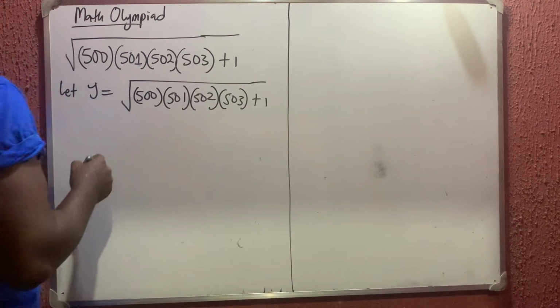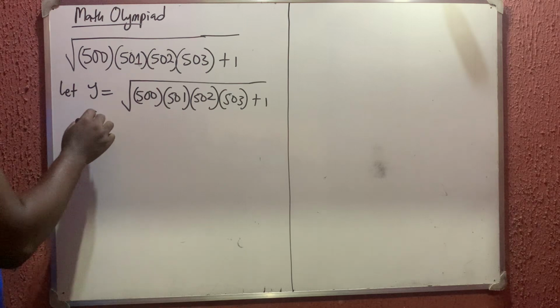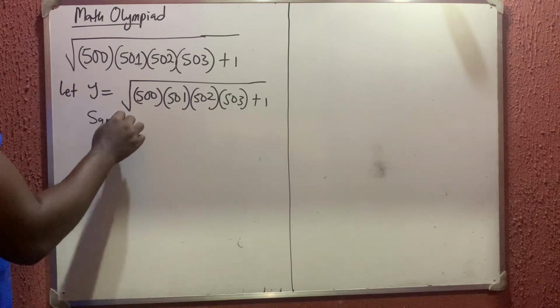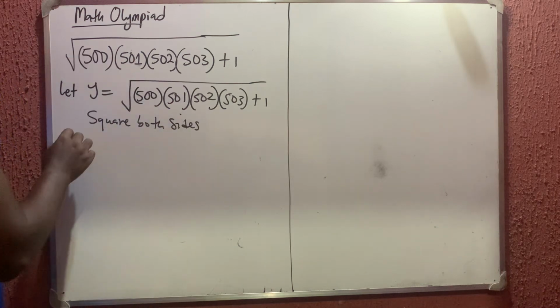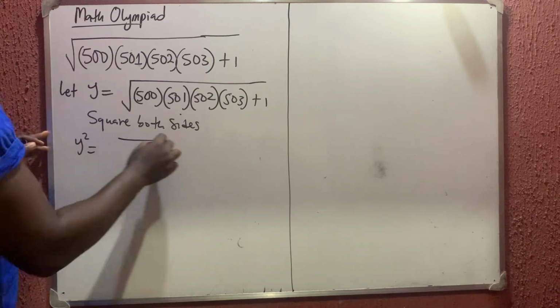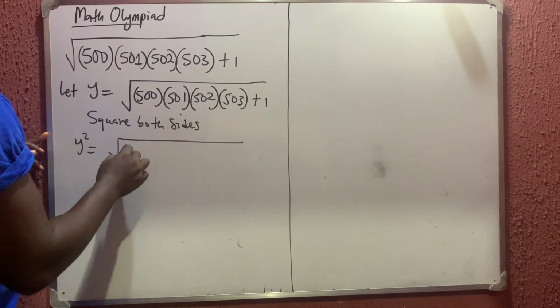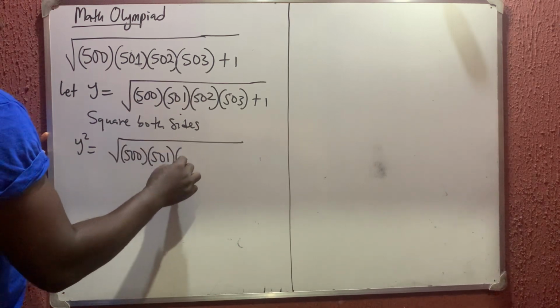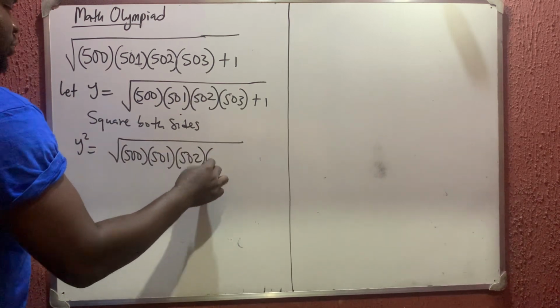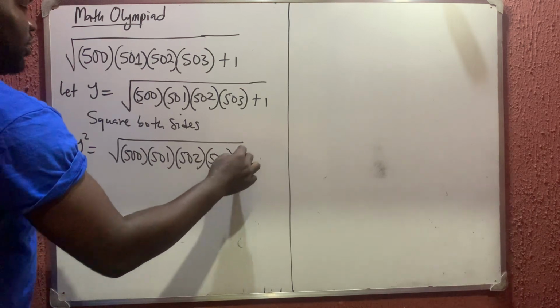Now if we square both sides, I'm going to have that y squared is equal to the square root of 500 into 501 into 502 into 503, then plus 1.